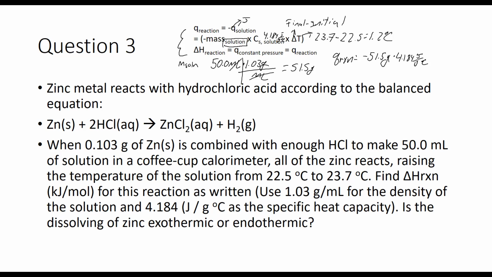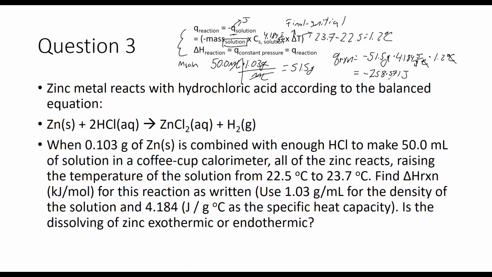Grams at the top, grams at the bottom, grams cancel out, multiplied by 1.2 degrees C, and degrees C cancels out. Our final unit is in joules, which is what we want because we're talking in energy, so that's good. And the heat of this reaction is negative 258.571 joules.